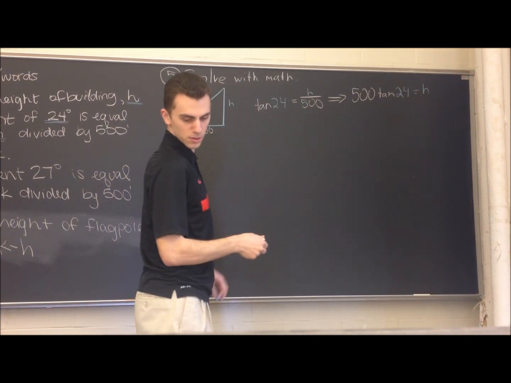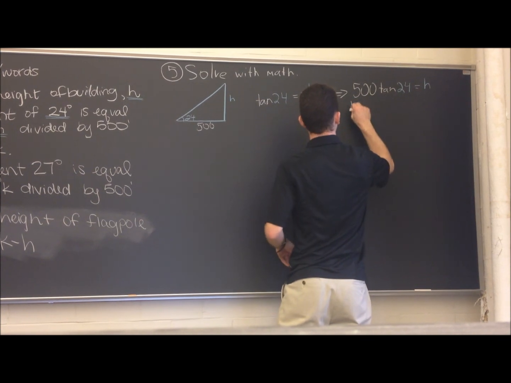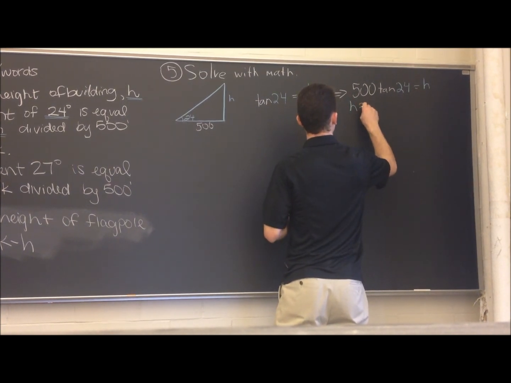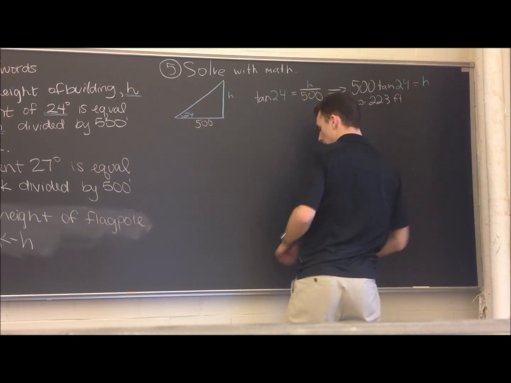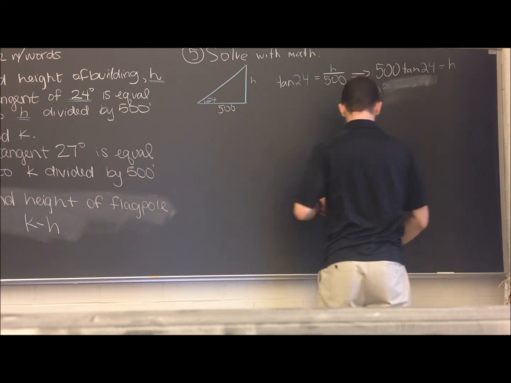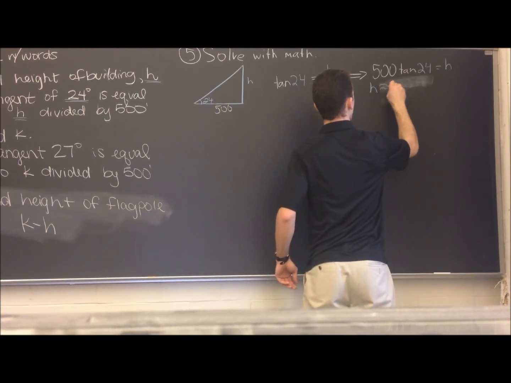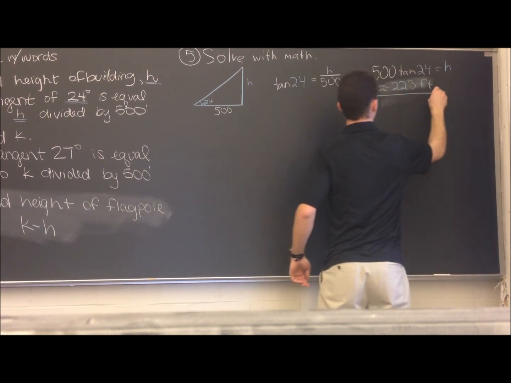When we solve for h, plug that into our calculator. I'll put that in Google, just for consistency. So h is going to be approximately 223 feet after we put that in our calculator.